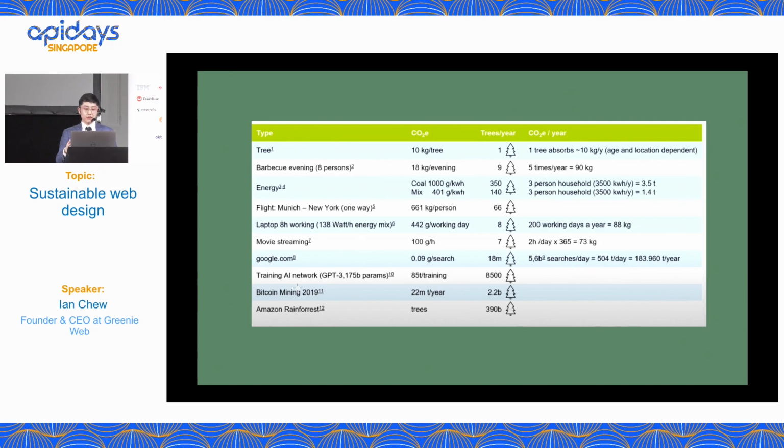GPT-3 emitted about 85 tons of CO2 per training, which is about the amount of CO2 that can be sequestered by about 8,500 trees, right? So one of the things that we need to be very cognizant of is that it's not just the usage of products and services, but very much the building of these products and services in the digital world that can contribute greatly to our CO2 footprint.